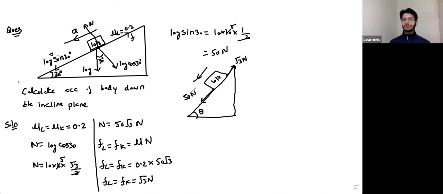And obviously this force is greater. So it will definitely move in the downwards direction with certain acceleration. Next, you can write this equation as 50 minus root 3 is 10a. So you can write 50 minus root 3 by 10 is equal to a. So the acceleration is 5 minus root 3 by 10 meter per second.